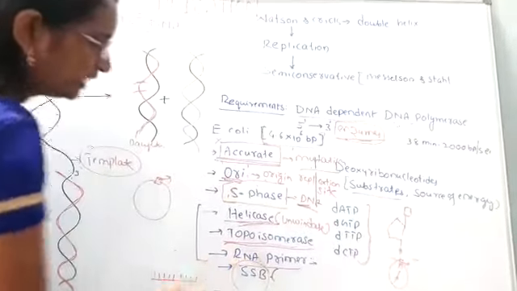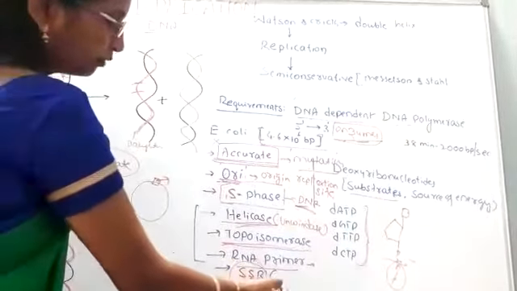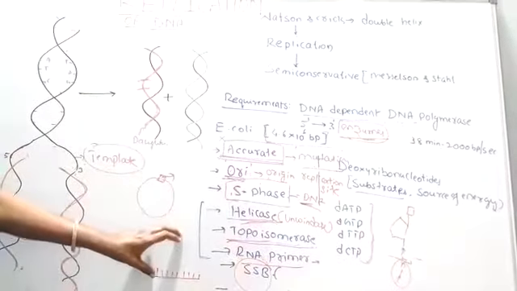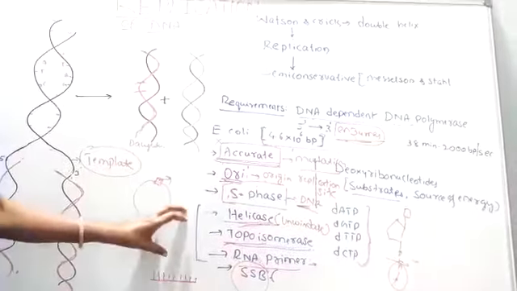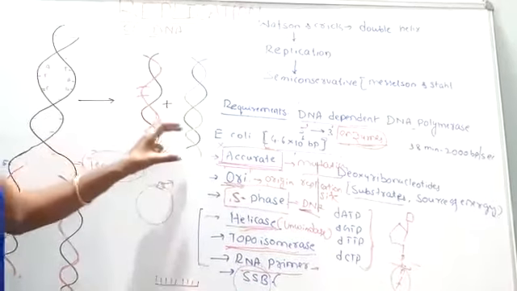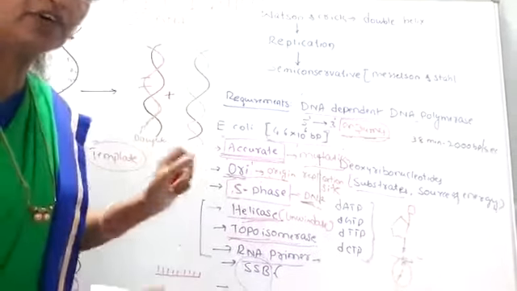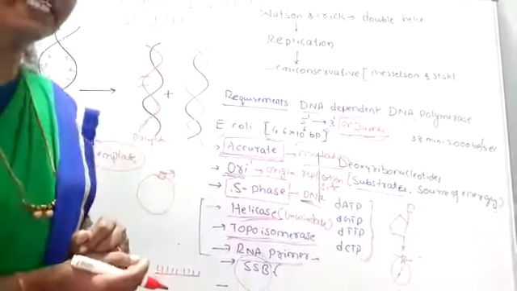Similarly, SSB, single stranded binding protein, is also essential for the synthesis of the DNA. So these are all required for the replication of the DNA.